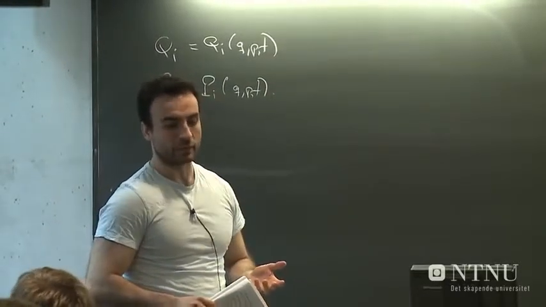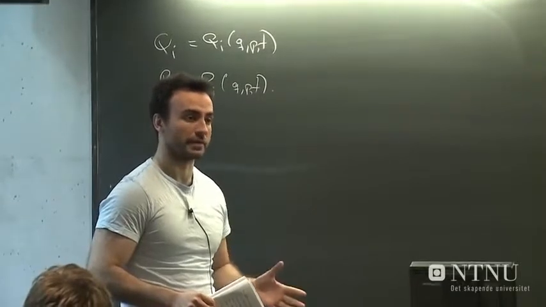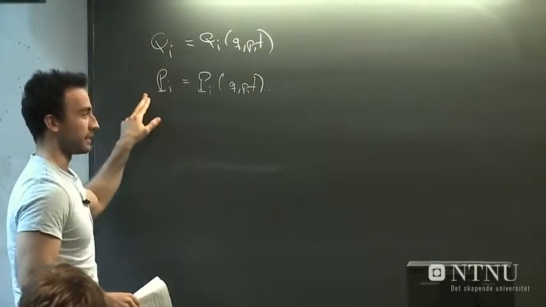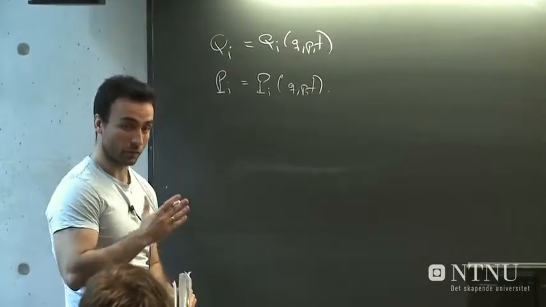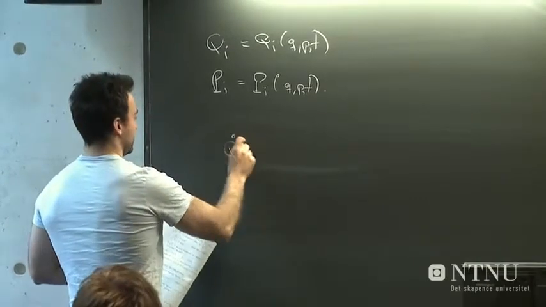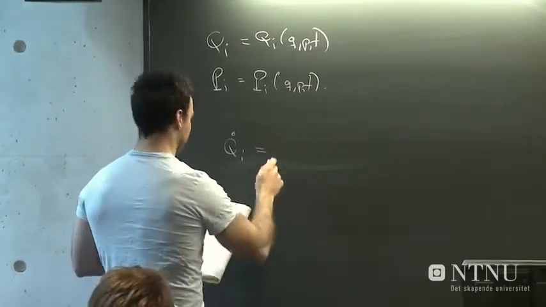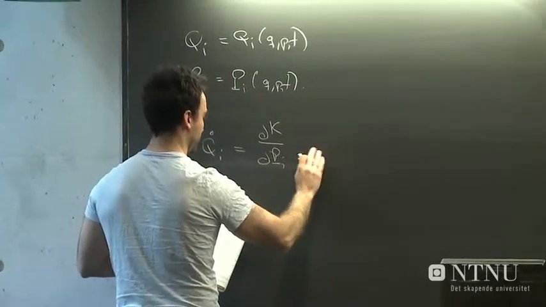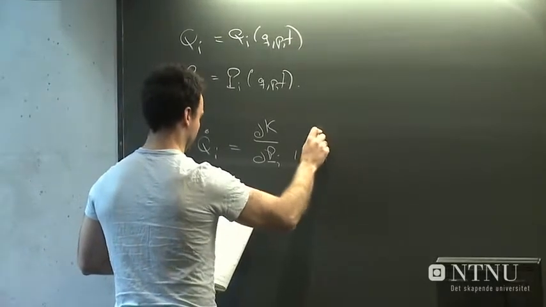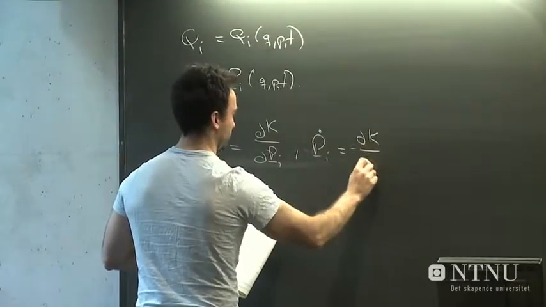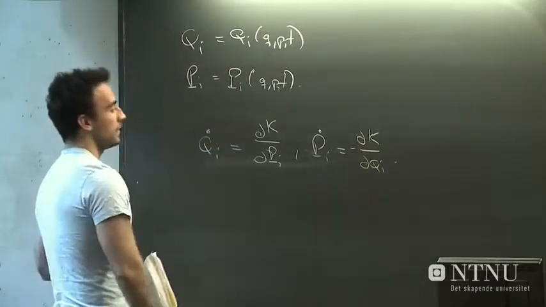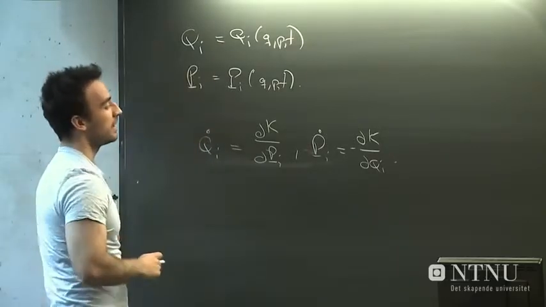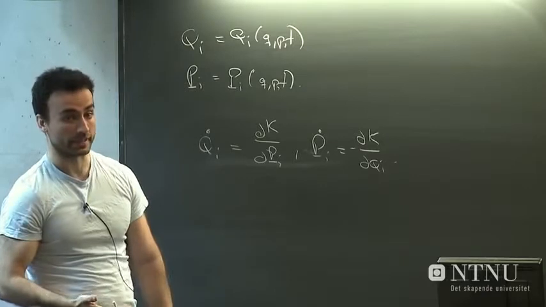We saw that it was possible in general to make a transformation of phase space and introduce a new set of coordinates, large Q and large P. And if these coordinates satisfy the following equations, where K is the new Hamiltonian in the new set of coordinates, large Q and large P, well, then we were dealing with a canonical transformation.